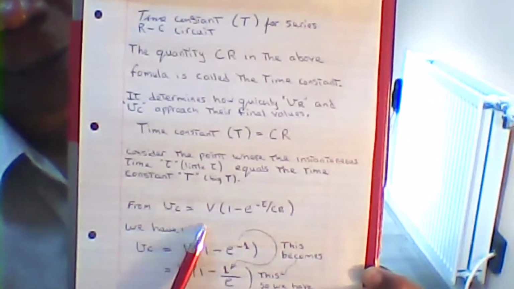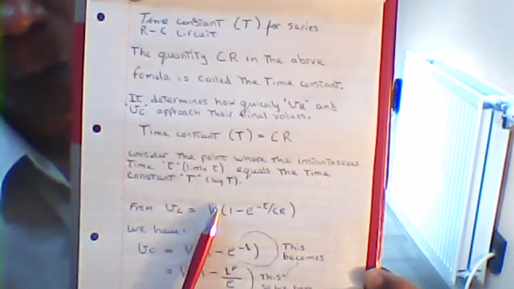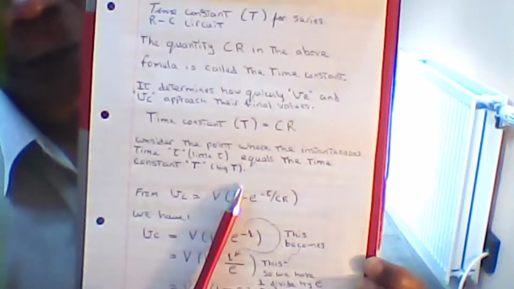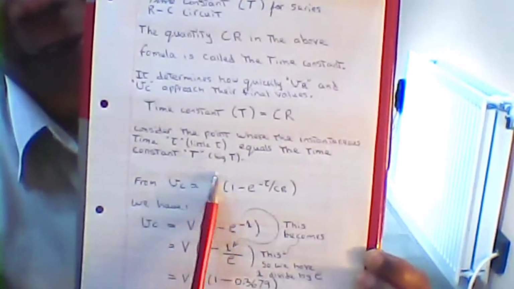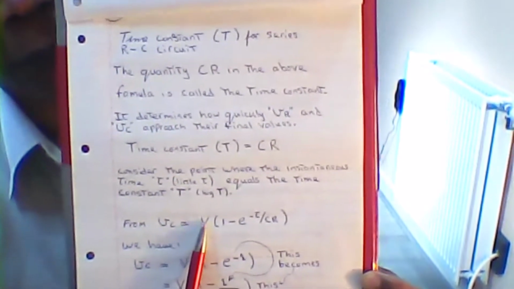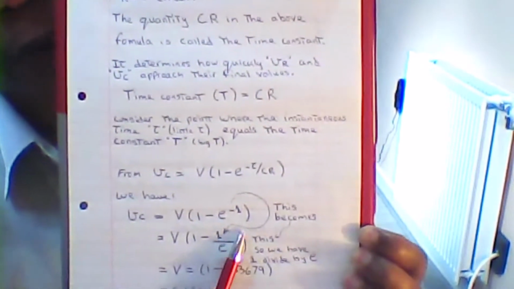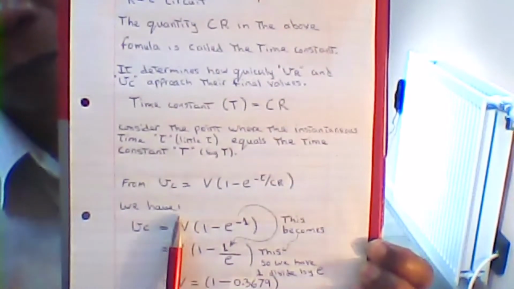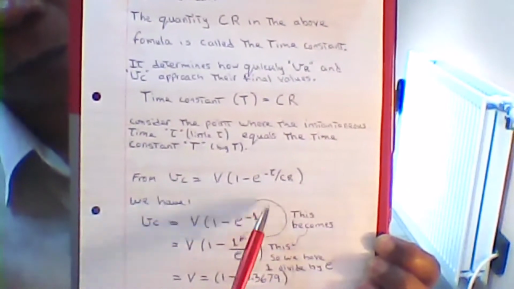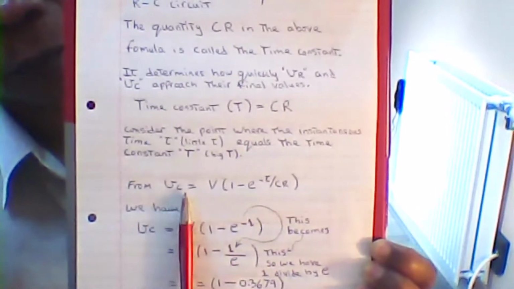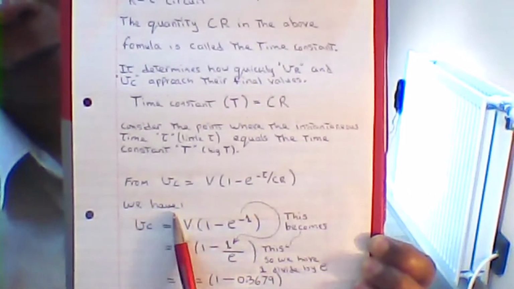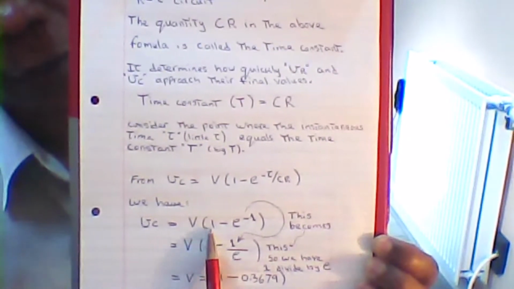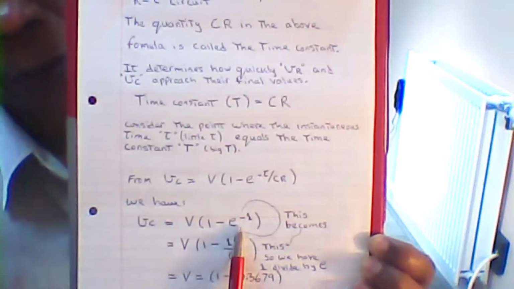From VC equals V, open brackets, 1 minus e to the minus t over CR, we have, let me just get this right, VC equals V, open brackets, 1 minus e to the minus 1.